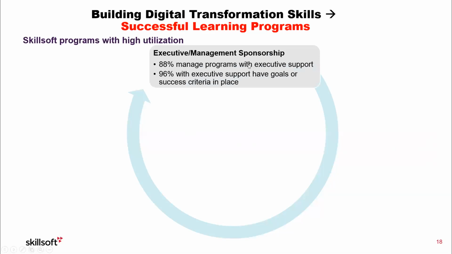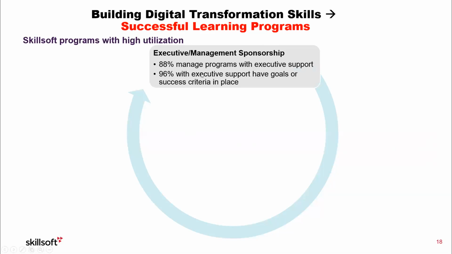There are a number of key dimensions to what constitutes a successful program. The first one, and almost the most important one, is executive and management sponsorship. I'm talking about the CEO and the C-level part of the organization being completely behind the e-learning programs that you put together.